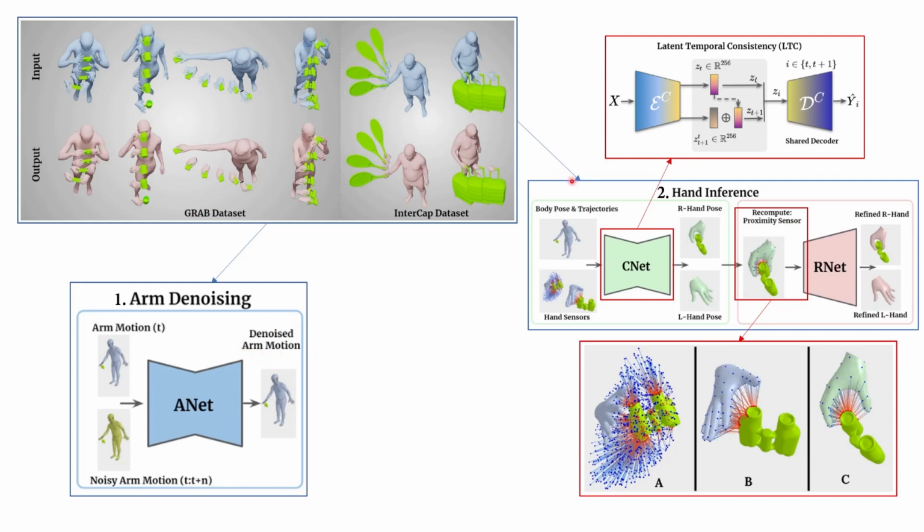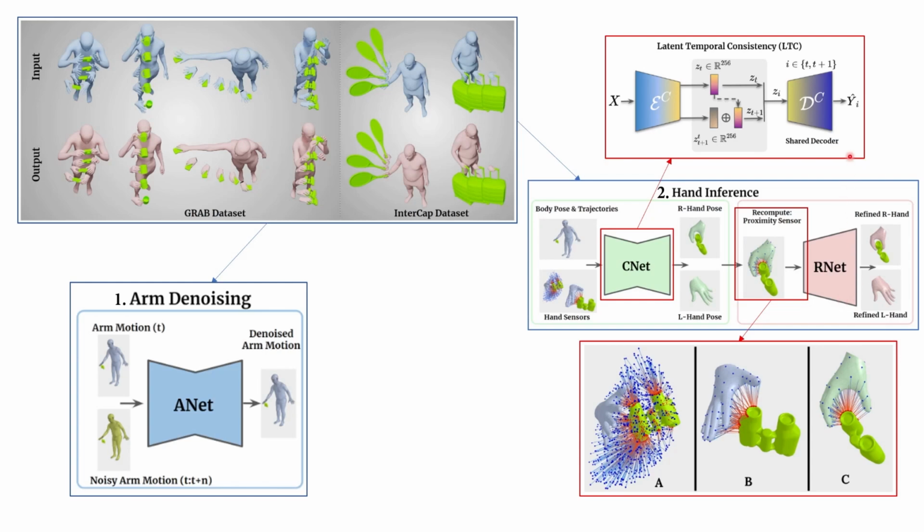Consistency network, called CNet, predicts the initial hand motion using spatial and temporal features, and RNet, refinement network, refines hand poses to ensure smooth interactions and prevent object penetrations.